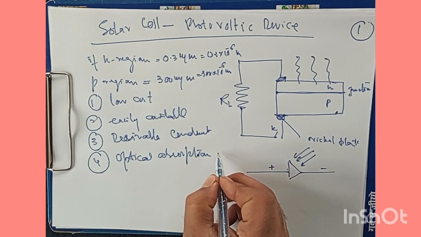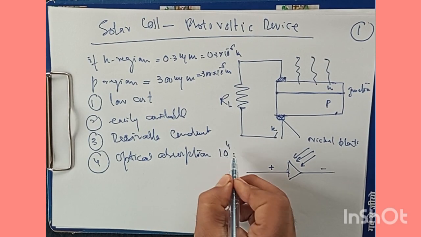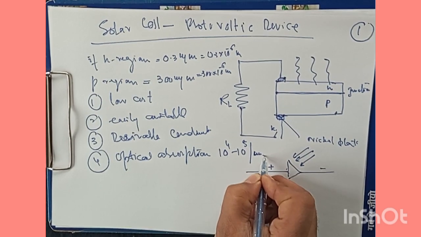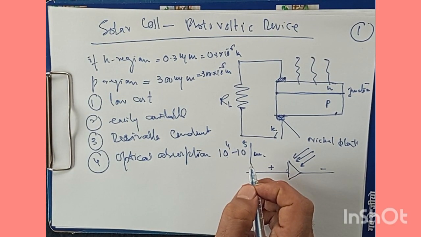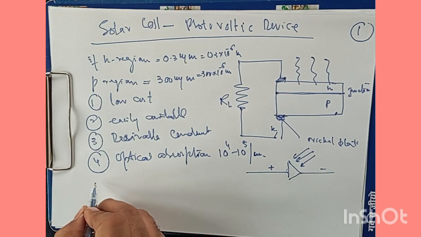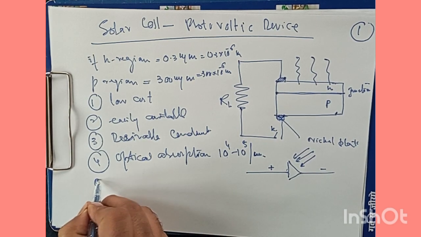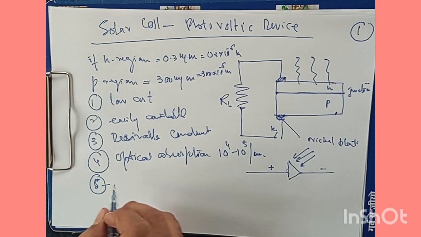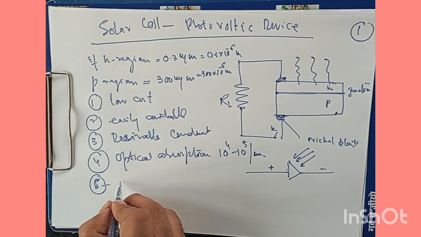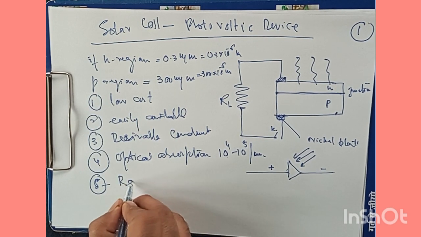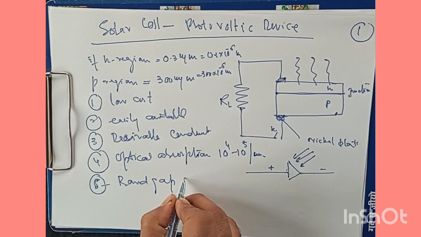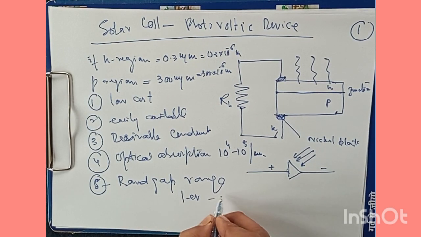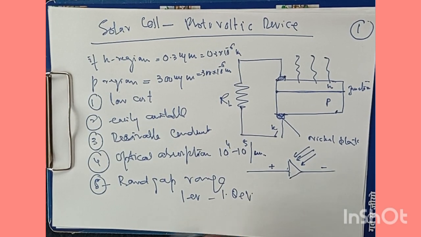I mean, it should be high. It should be nearly 10 to the power of 4 to 10 to the power of 5 per centimeter. And another important thing is the band gap, because every PN junction cannot behave as a solar cell. So you have to have a precise forbidden energy band gap, and the band gap in this case can range from 1 electron volt to 1.8 electron volt.